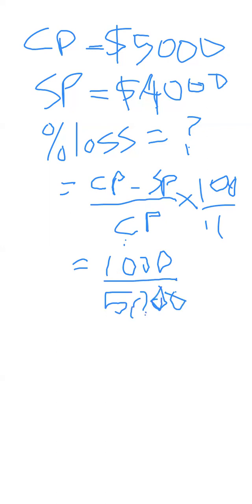Times 100 over 1. Okay. So let's see what goes. All right. So clearly, the 3 zeros in 1,000 are going to take out the 3 zeros in 5,000 below. 1,000 is on top, 5,000 is below.